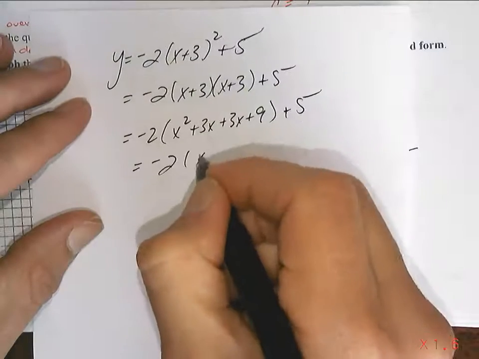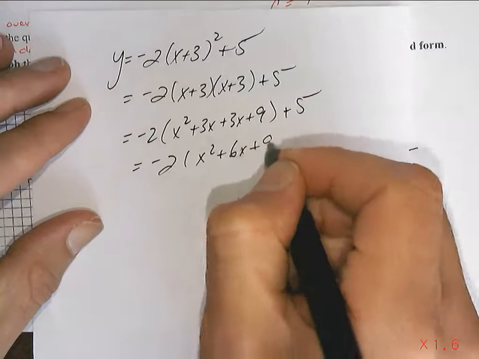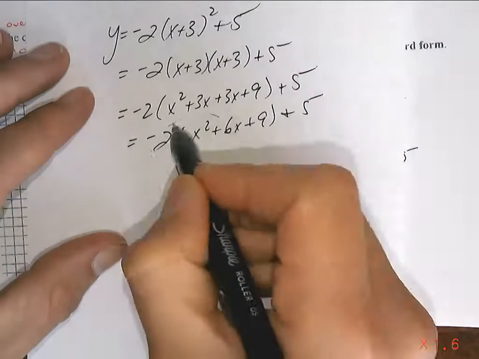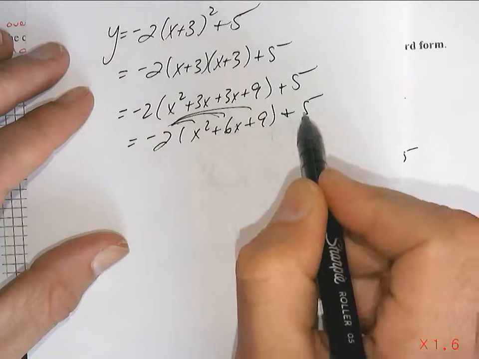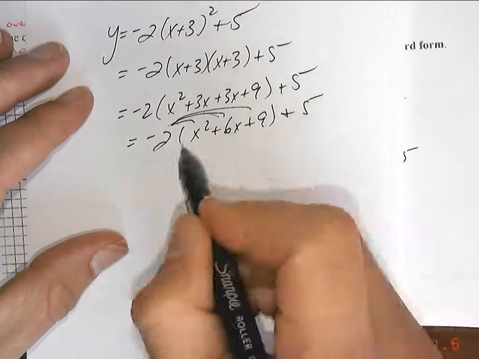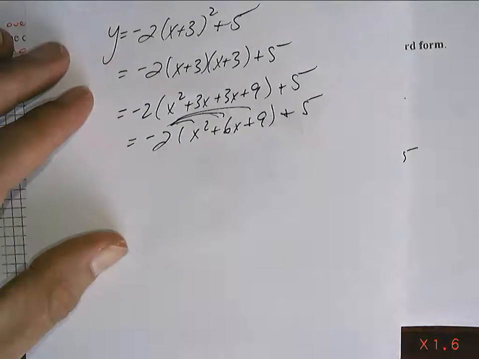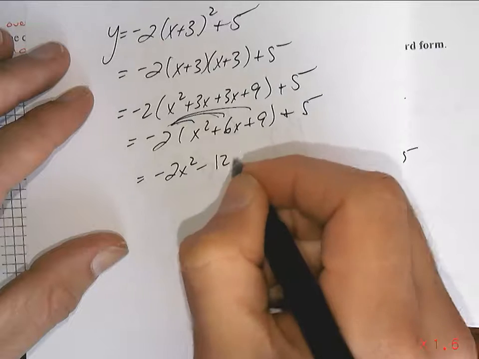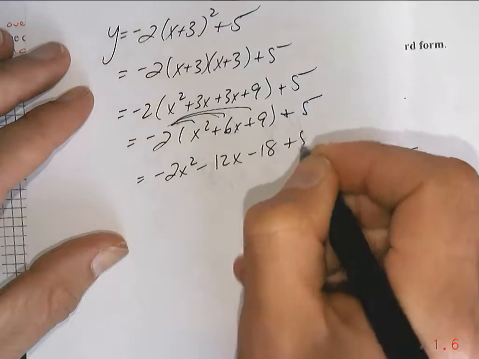Negative 2 (x squared plus 6x plus 9) plus 5. The negative 2 goes into the brackets, not to the 5. It's not inside the brackets. So it's going to be negative 2x squared minus 12x minus 18 plus 5.